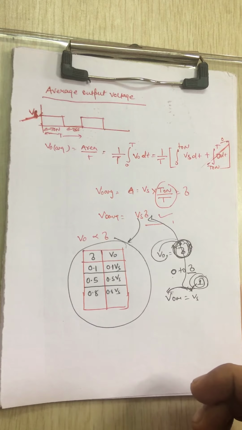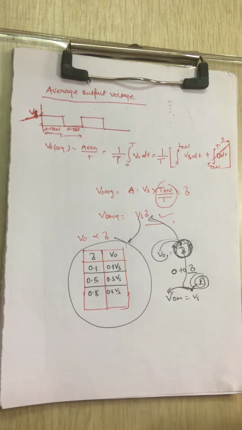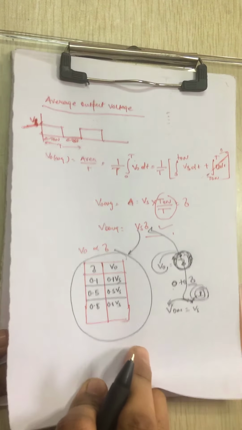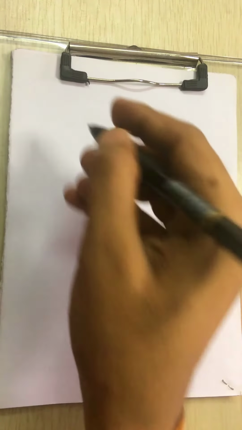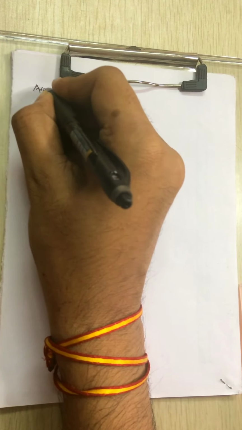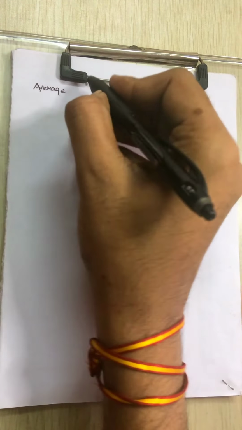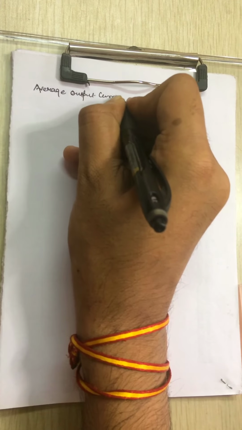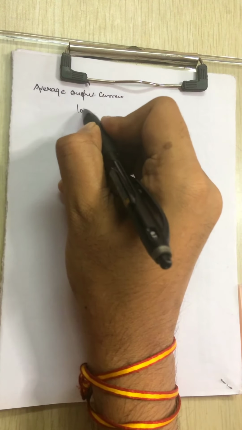Now let's move on to the next term, that is average output current. Average output current is nothing but I0 average.